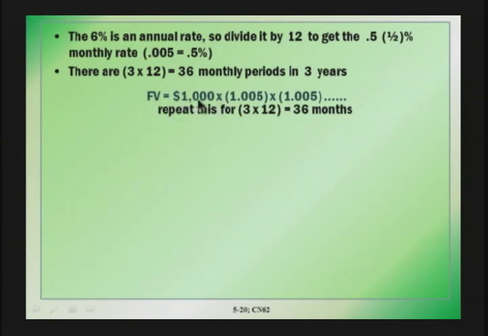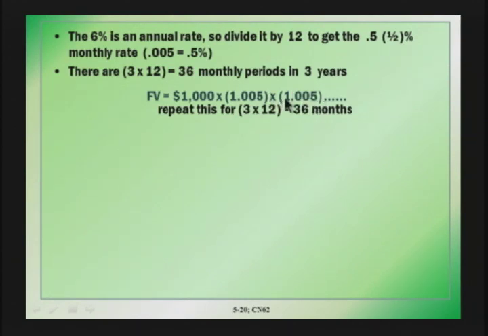I would take my $1,000 investment amount and multiply by 1 plus my 1/2% interest rate that is going to be paid to me at the end of the first month. This product right here will give me my future value after 1 month's time. That remains on interest because of compounding, and so that result will grow by 1/2% over the second month.